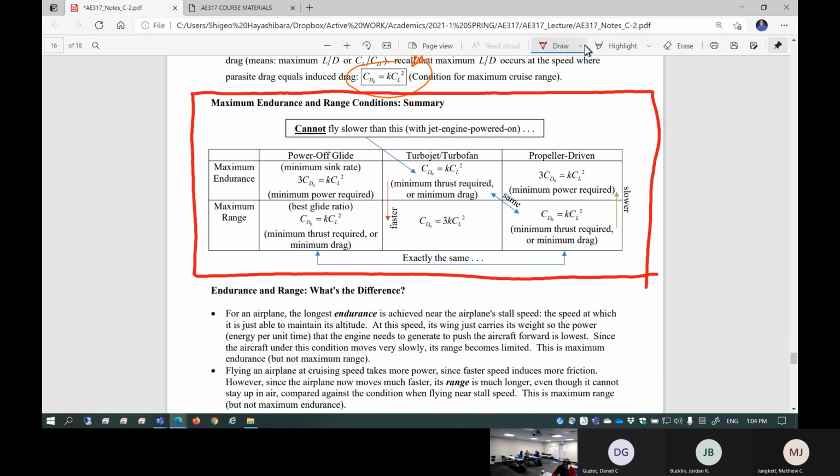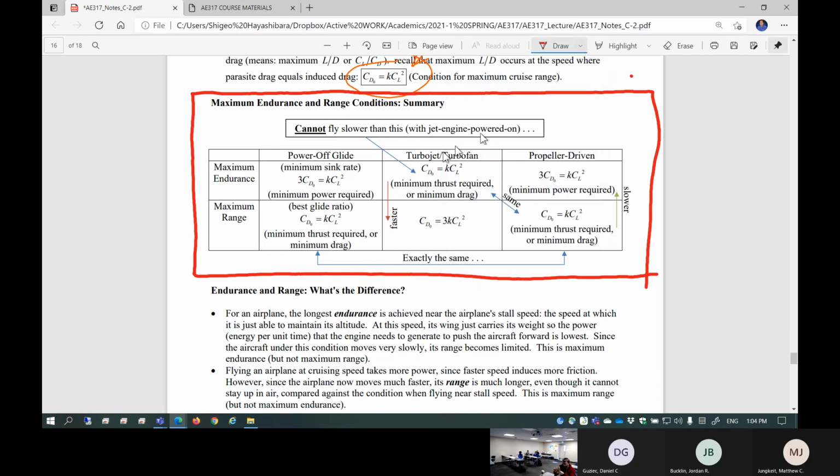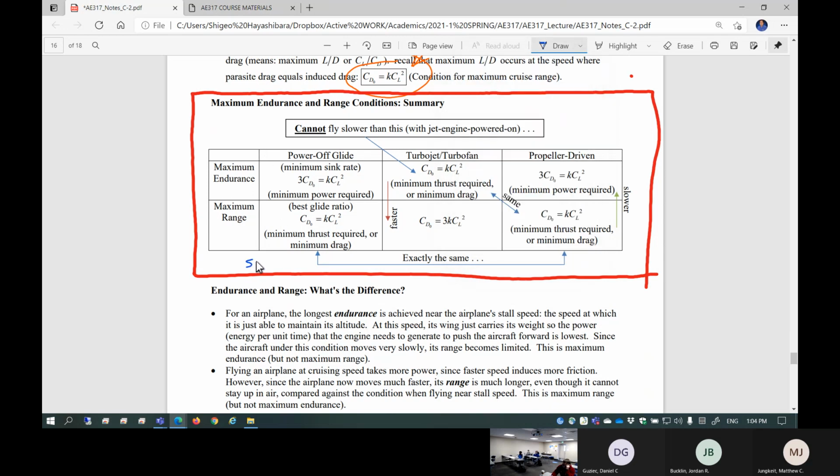So we looked at three different types of airplanes. Do you remember that? We started with a sailplane, which has no engine. Sailplane's maximum endurance is essentially the condition for minimum sink rate.